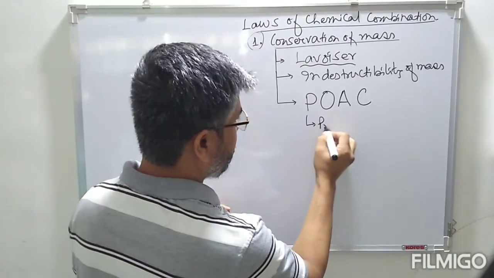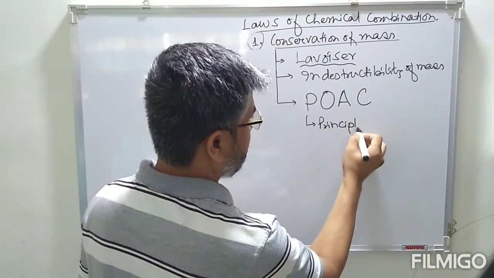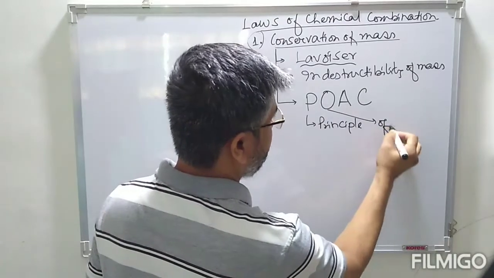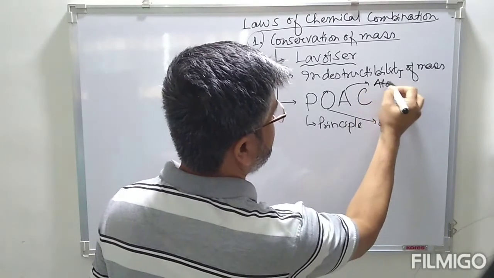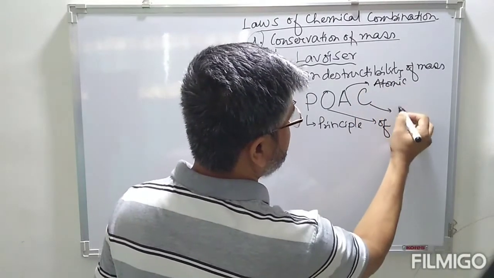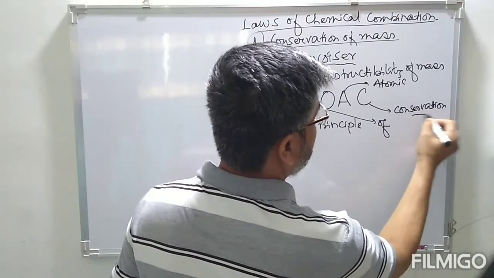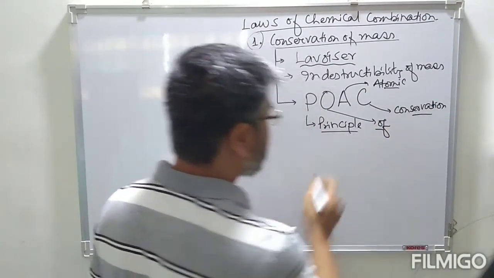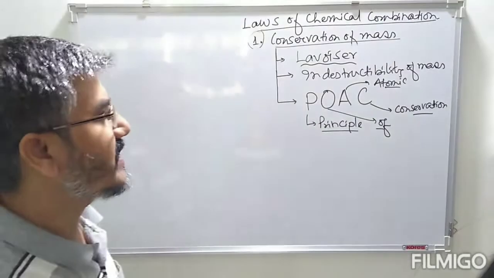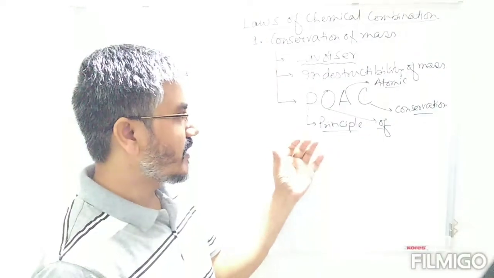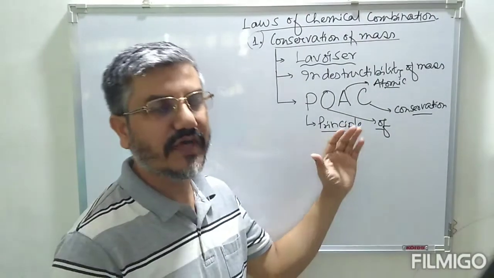P stands for principle, O for of, A for atomic, C for conservation. That means in any given chemical reaction, there must be conservation of atoms.